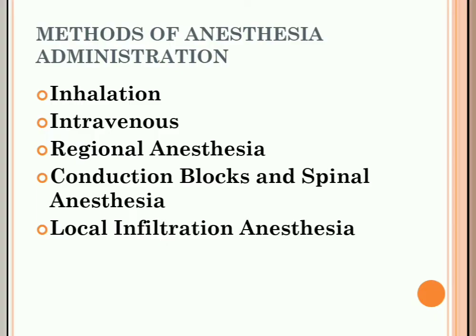It also relaxes the eye muscles in certain types of eye surgery. It also facilitates endotracheal intubation and treats laryngospasm, and it would also assist in mechanical ventilation. The first widely used muscle relaxant is purified curare, and the active ingredient is tubocurarine.